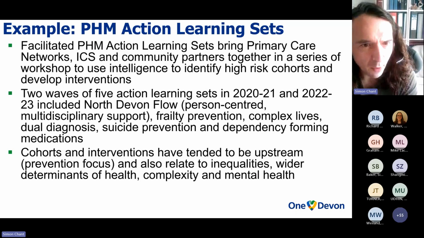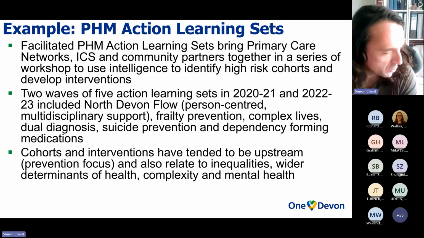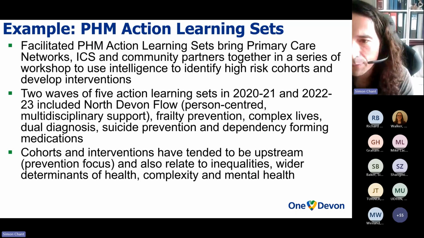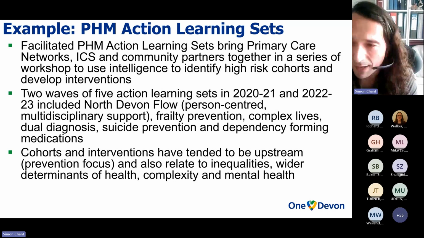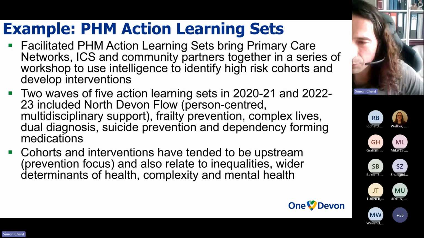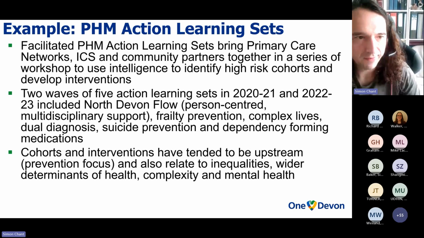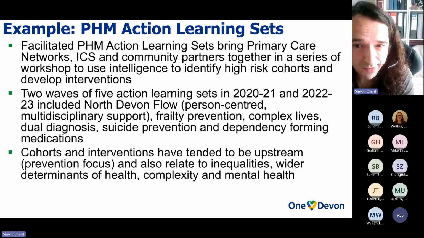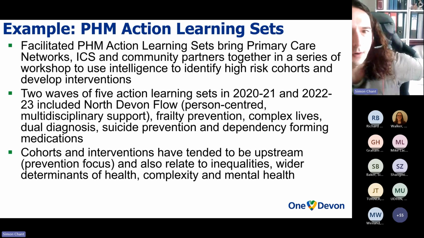We've done 2 runs of those so far, one in the initial population health management development programme in 2020-21, and then more recently with that expanded list of primary care networks in GP practices in 2022 into 2023. And these are focused in a number of different areas. North Devon Flow is quite a good example.